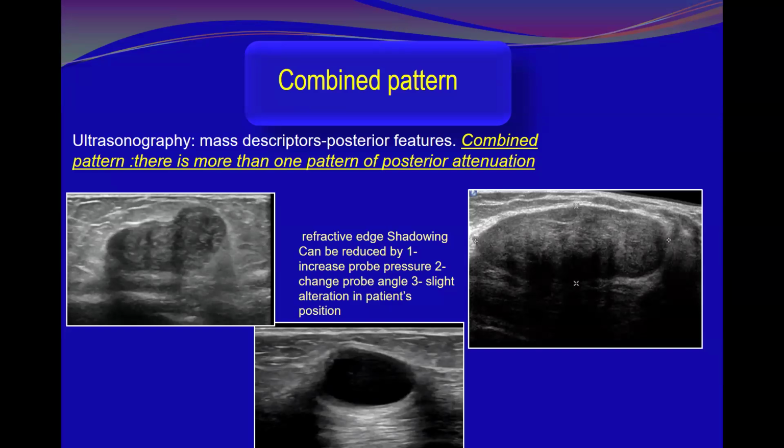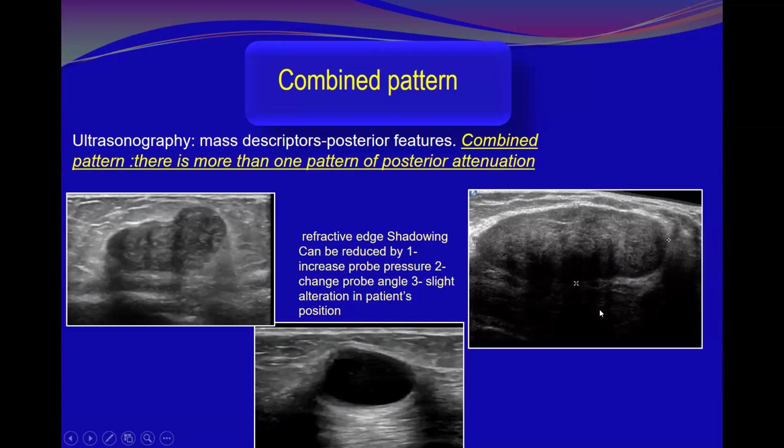Or if you angulate the probe, you might reduce it or eliminate it with a slight alteration in the patient position. And usually this edge shadowing is seen with benign lesions like fibroadenoma and cyst, but at the end it will give a combined pattern of posterior features.